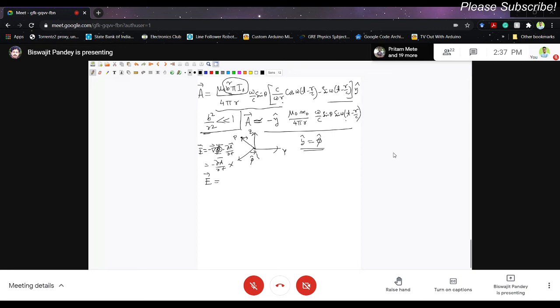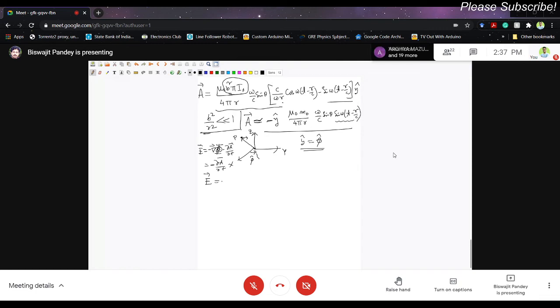I think I made some mistake somewhere. No, it's correct. Just check. Yes, sine. If I take a time derivative of the sine term, that will give me cos of omega t minus r by c with the omega factor. Since there is a minus sign already, minus and minus becomes plus.